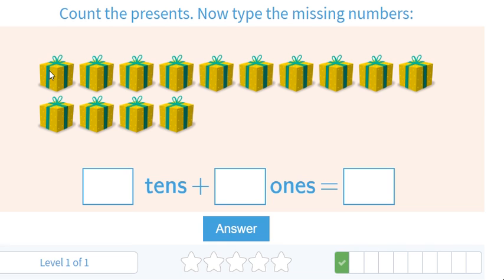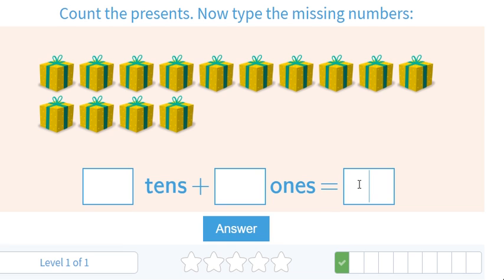So we have 10, we have a group of 10, and then we have some ones. So let's count on from 10 to see how many packages we have in all. So we have 10, 11, 12, 13, 14. So I know that I have 14 packages in all.